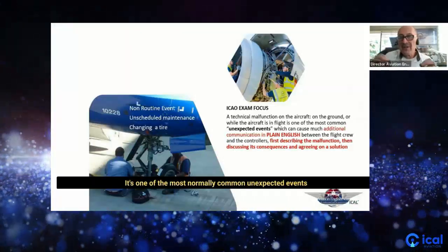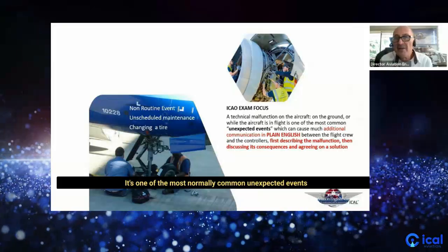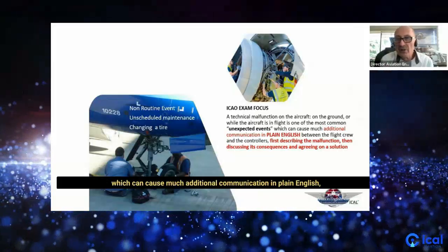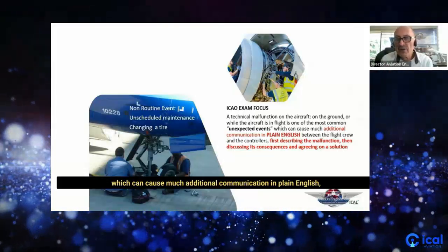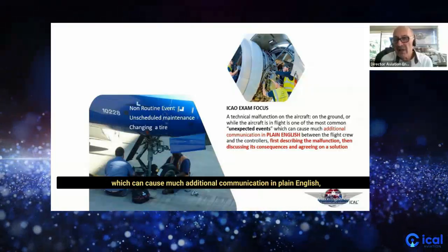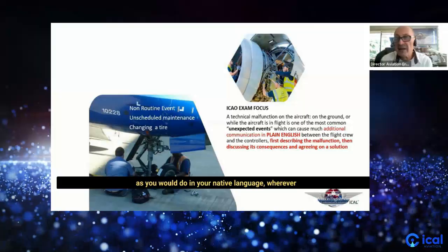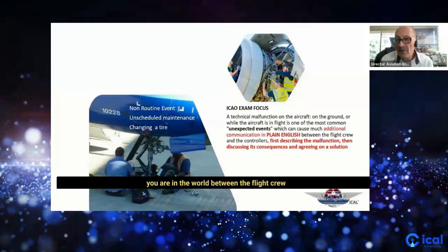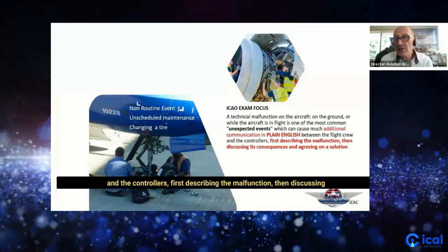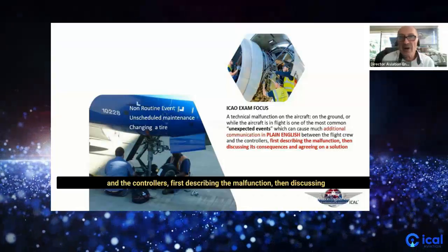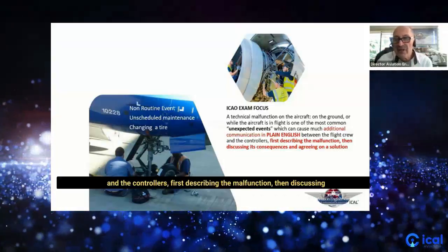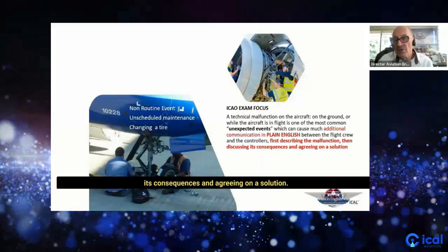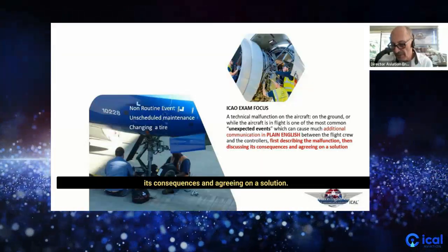It's one of the most common unexpected events, which can cause much additional communication in plain English, as you would do in your native language, between the flight crew and the controllers. First describing the malfunction, then discussing its consequences and agreeing on a solution.